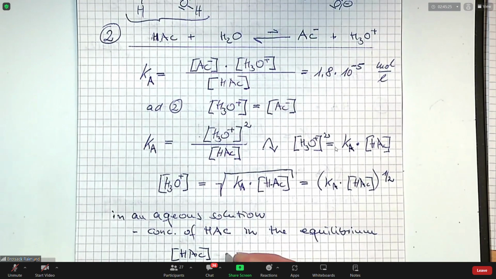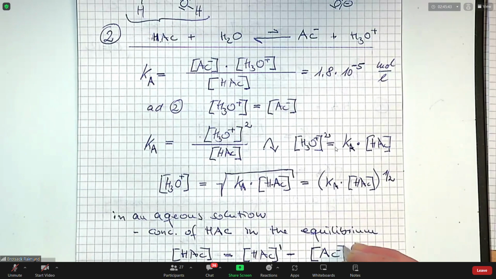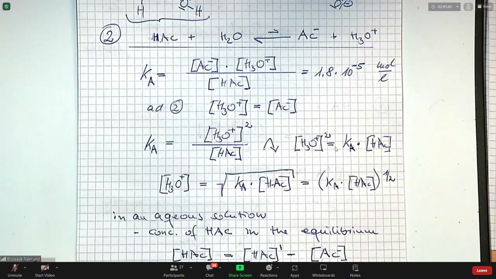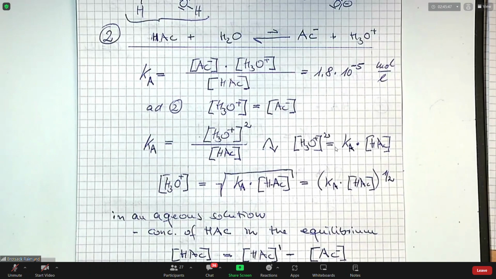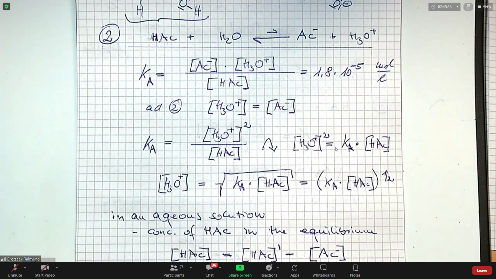The current concentration, when it has already reacted, is the concentration we had at the beginning, HAc apostrophe, minus the amount which is already transformed into Ac minus.